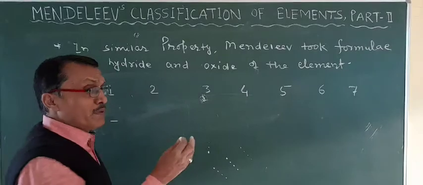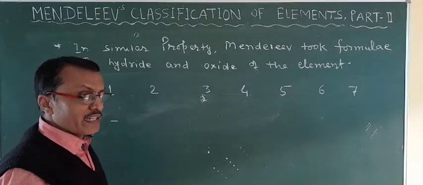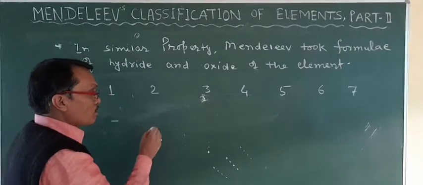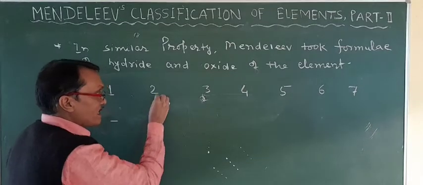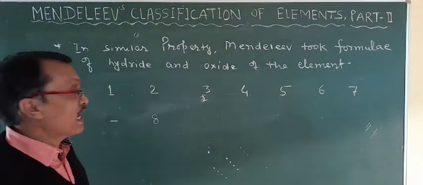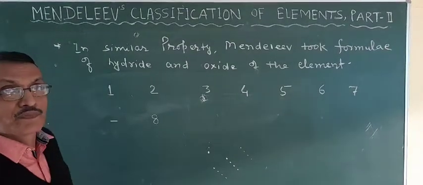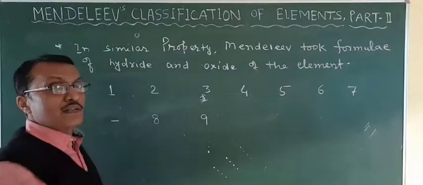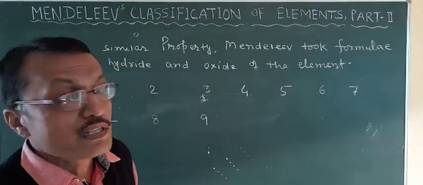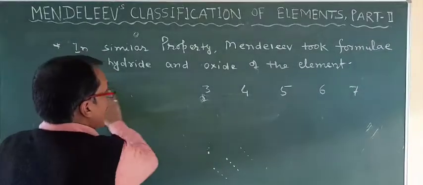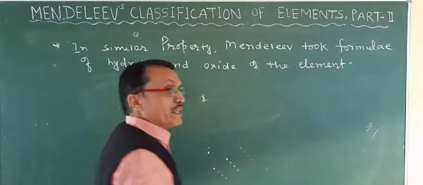Suppose if the formula of element 8 belongs to the formula of element 2, then he placed element 8 just below 2 and not below 1. And by this pattern he arranged all the 63 elements successfully and made a periodic table.